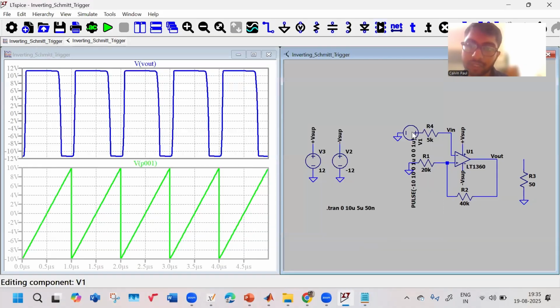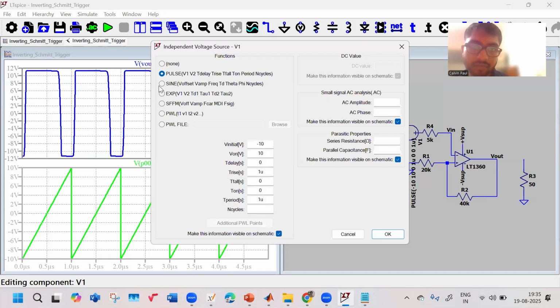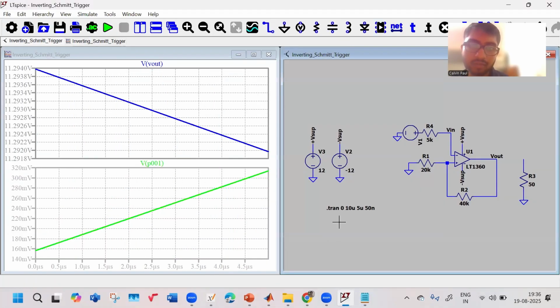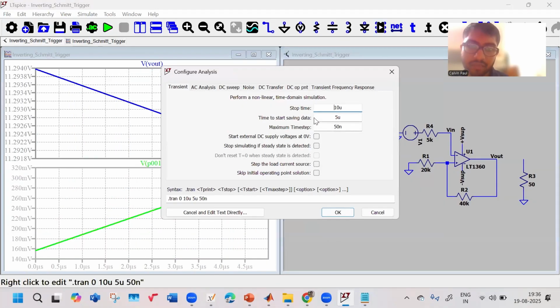Okay. So let me convert this into a sine wave. DC offset 0, amplitude 5, frequency 1 kilohertz. These things are not required. Okay. Let me run it. To see it, I need to increase the time.